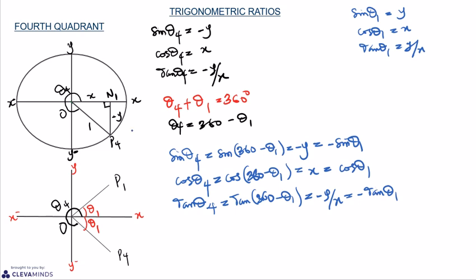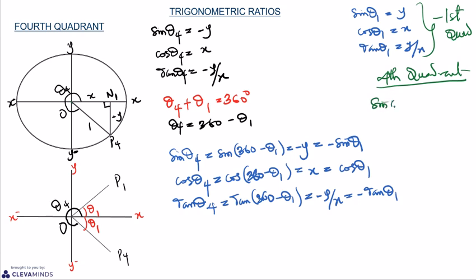That's that in the fourth quadrant. So the conclusion now is this. Remember, this is the first quadrant. In the fourth quadrant, the conclusion is sine theta 4 will give us negative sine theta 1.